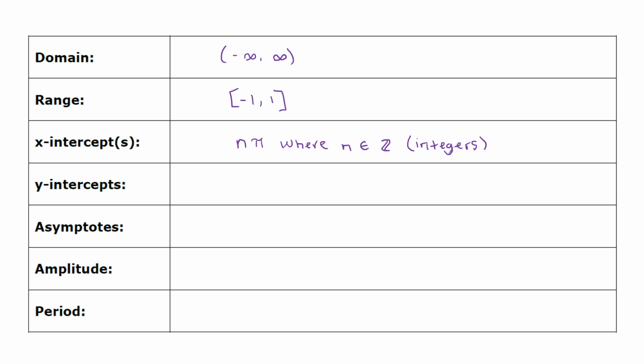The y-intercept is going to be 0, so that's where the graph crosses the y-axis. There are no asymptotes in the sine graph. The amplitude is going to be half the distance between the maximum minus the minimum. So that would be 1/2 times the absolute value of 2, which would be 1. So the amplitude will be 1. The period, we know, is 2 pi. Okay, so those are the descriptors of the sine graph.